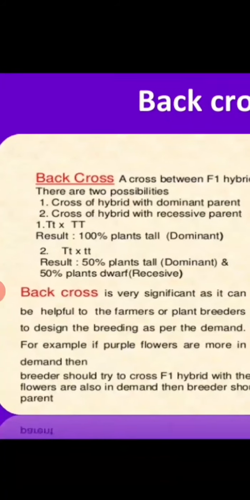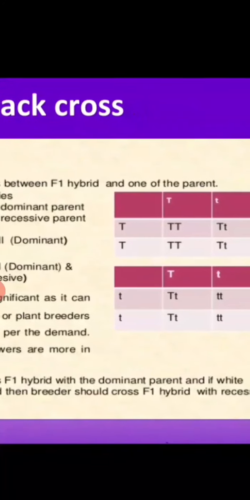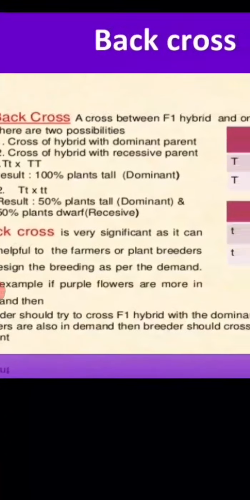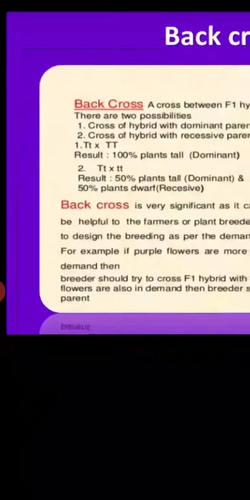Back cross is very significant, as it can help farmers or plant breeders to design the breeding as per the demand. For example, if purple flowers are more in demand, then the breeder should cross the F1 hybrid with the dominant parent. If white flowers are also in demand, then the breeder should cross the F1 hybrid with the recessive parent.